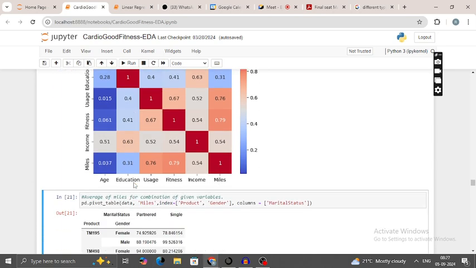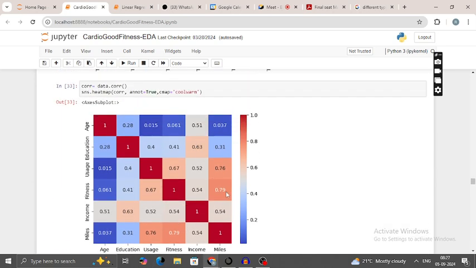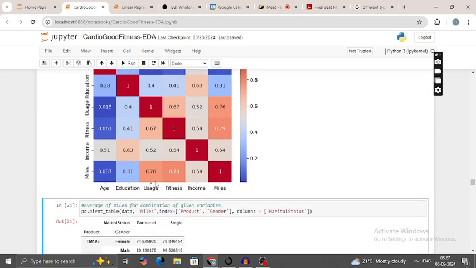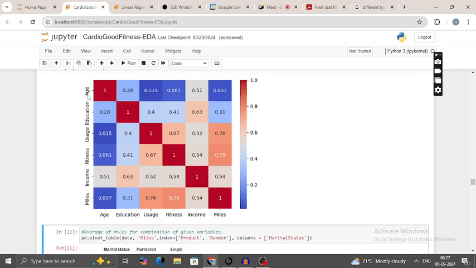Here you have correlation. Let us assume some dull color is there. So 0.015 is the weakest value. What is the 0.015? It is usage with respect to age. Age and usage have nothing to do with each other, so their correlationship is very weak.